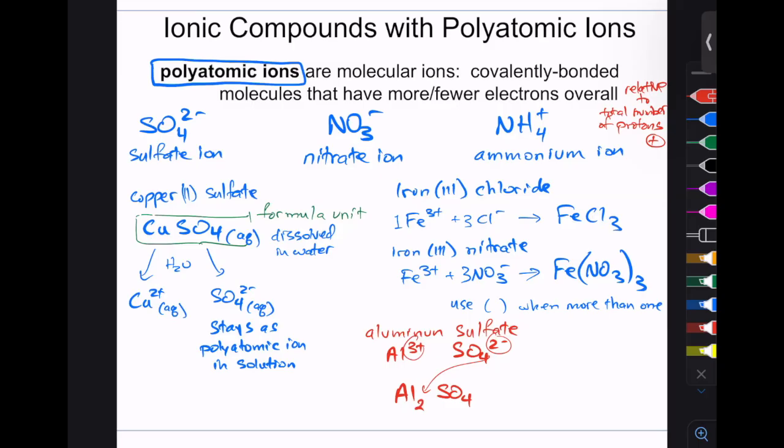There's a 3 plus here, so we put the 3 there. And that's the formula unit for aluminum sulfate. We need to put a 3 here because there's 3 sulfate ions for every 2 aluminum cations, but you don't show the charges in the formula unit.